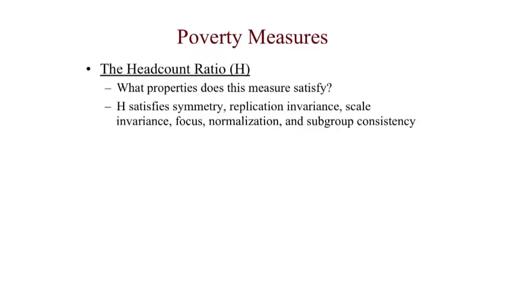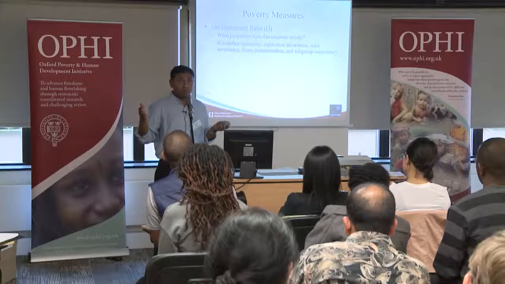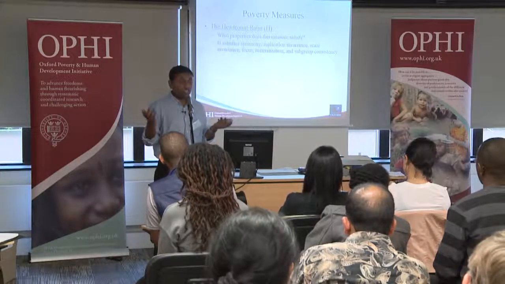What properties does this measure satisfy? It satisfies symmetry, of course. If you change the order within the distribution, it should not change the number of the poor. Replication invariance: if you replicate, create clones of the people, over time, the ratio of poor does not change.